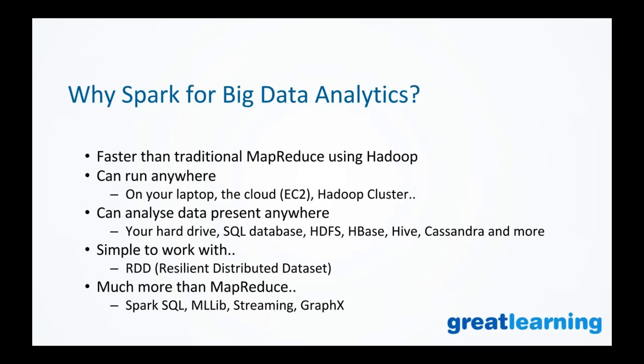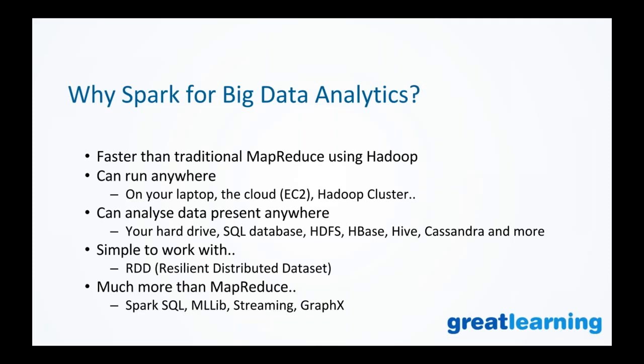There are many reasons why Spark is becoming more and more popular, and some of them are what I have listed here. The first is Spark is way faster in execution than traditional MapReduce using Hadoop. Spark was built way after MapReduce and Hadoop came up, and it learned from all the problems that Hadoop was running into.